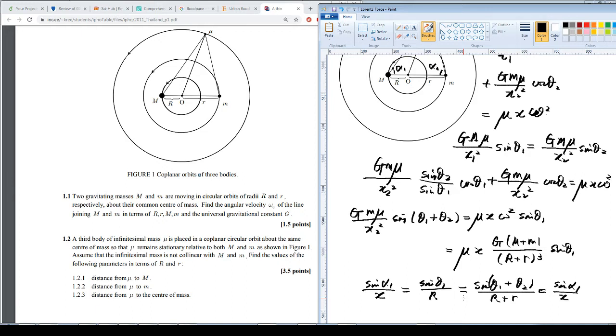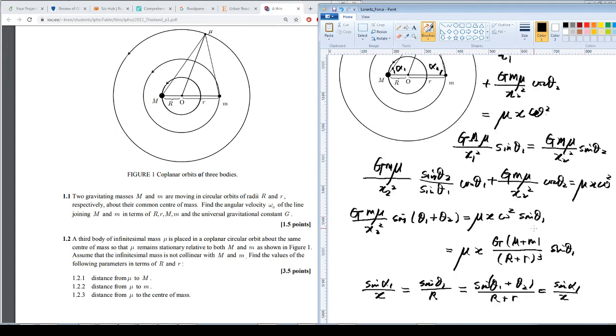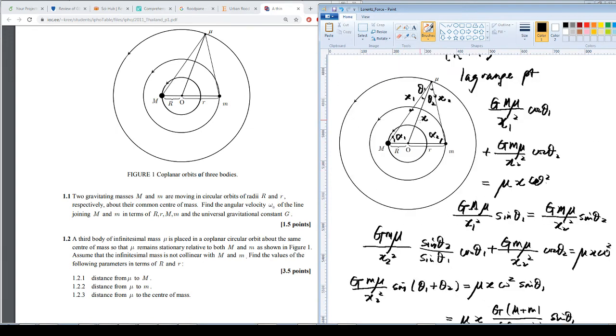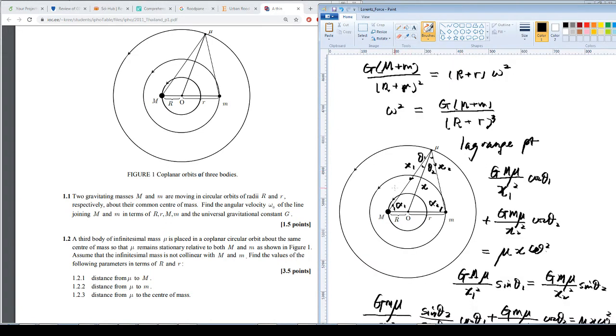Isn't sine alpha 1 over x2 in the second equation on the bottom? Well, I want to use the triangle on the left. But how do you get the theta 1 plus theta 2? Then I'm using the bigger one.